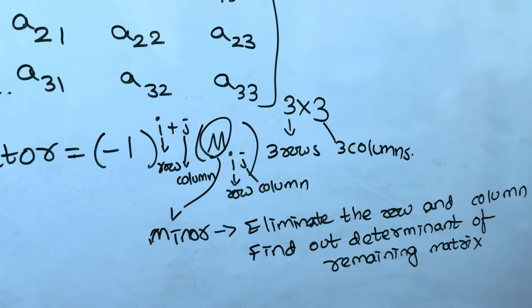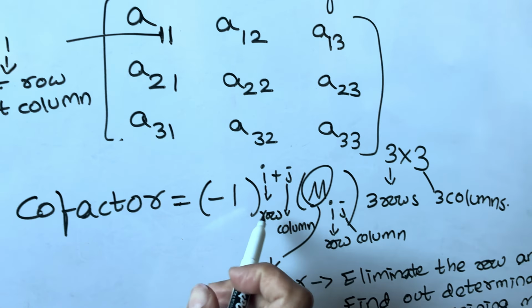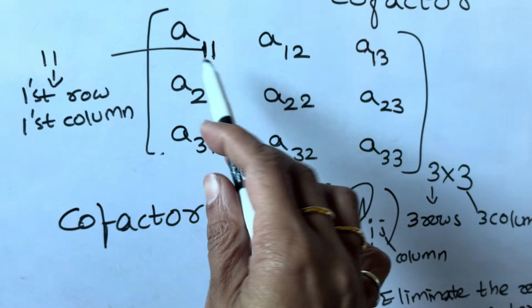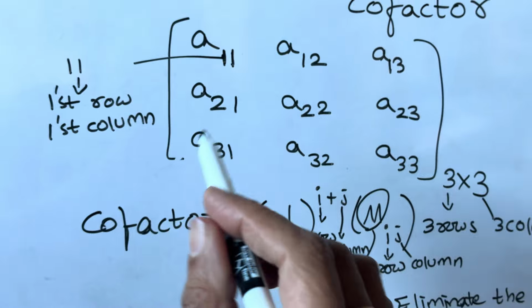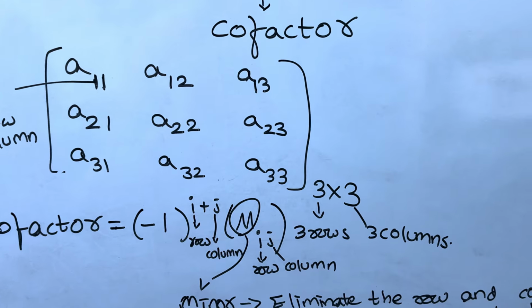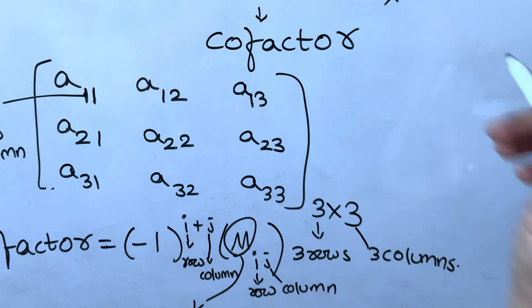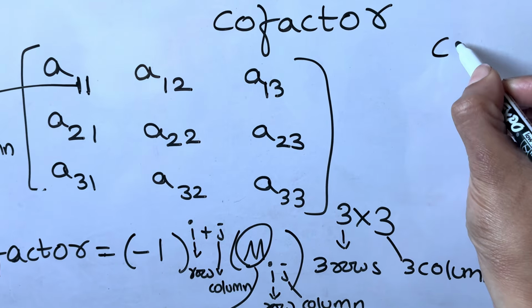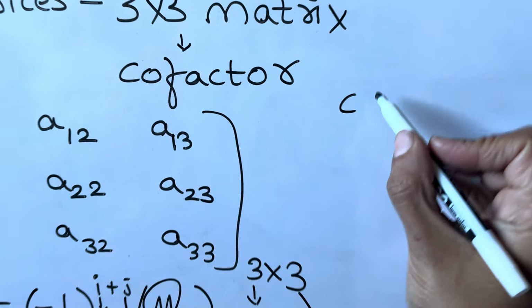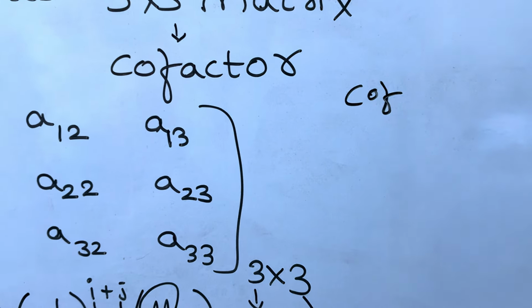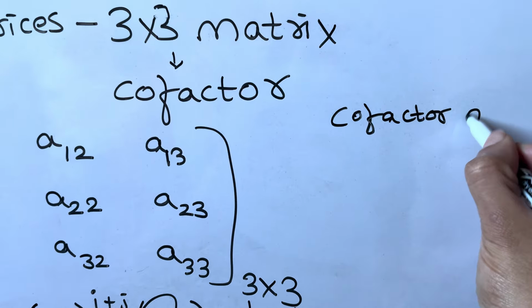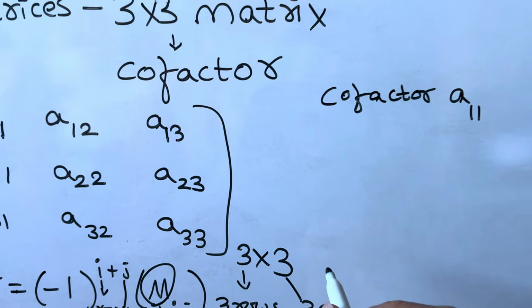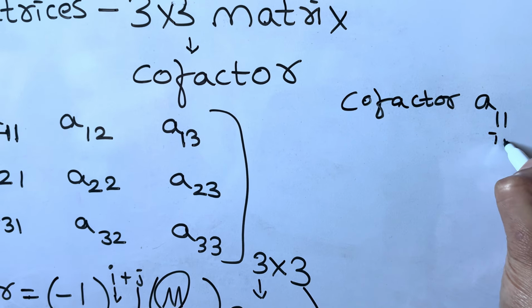So let's find the cofactor for first row and first column, A11. I'm going to write it as cofactor of A11, first row first column, i and j.